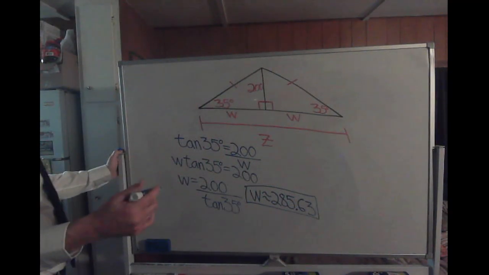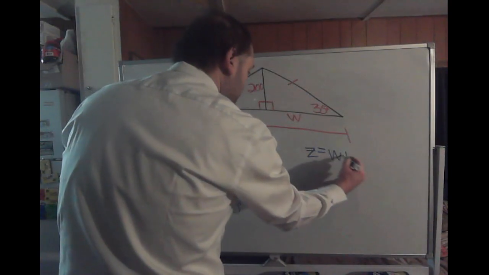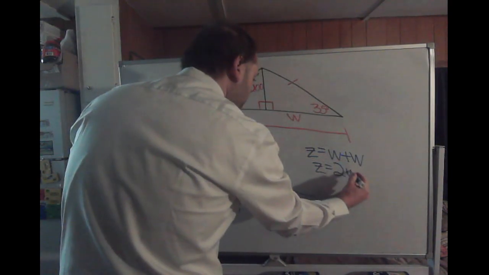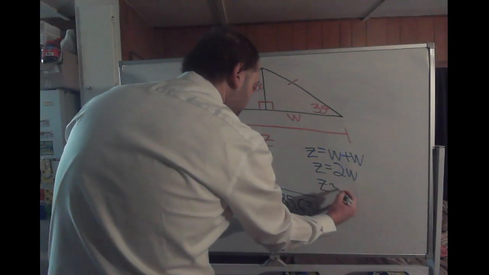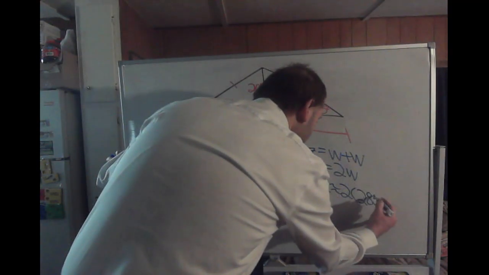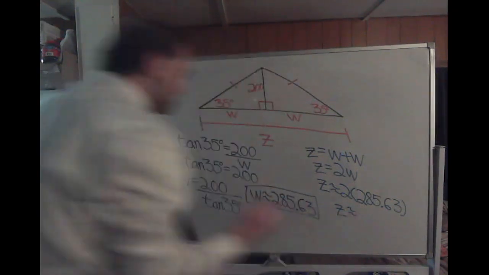Now we need to find the length of Z. Well, Z, of course, is simply W plus W, which means Z equals 2W, which would end up giving you Z is approximately equal to 2 times that 285.63, which would give you an approximate result for Z also.